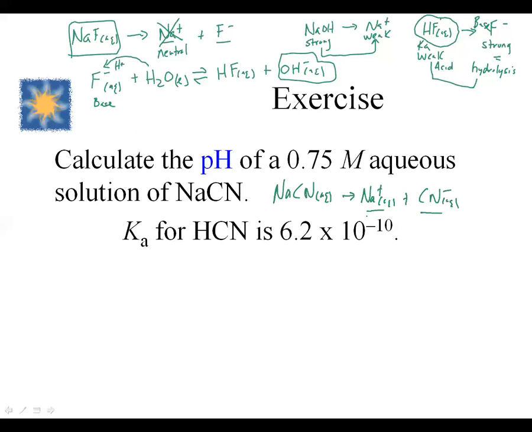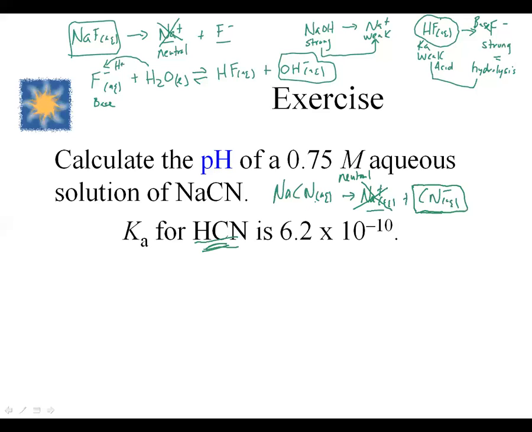Thinking backwards like we've been doing before, we already know sodium, which is group 1, probably came from something like sodium hydroxide. So it's going to be a neutral salt. It's not going to really mess up the pH. Our CN minus most likely came from HCN. In these problems, they do give you big hints if you look at them.